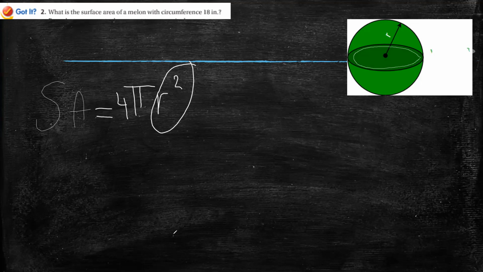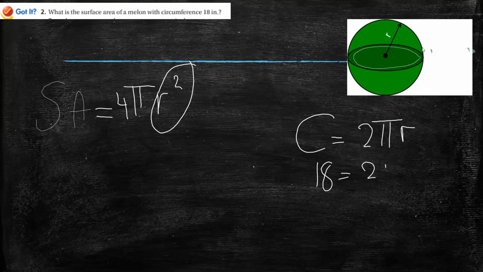All of us know that the circumference of a circle is 2πr. They told me it is 18. So from the circumference, I can find the radius: 2πr is 18, so 9 over pi is the radius of the circle.